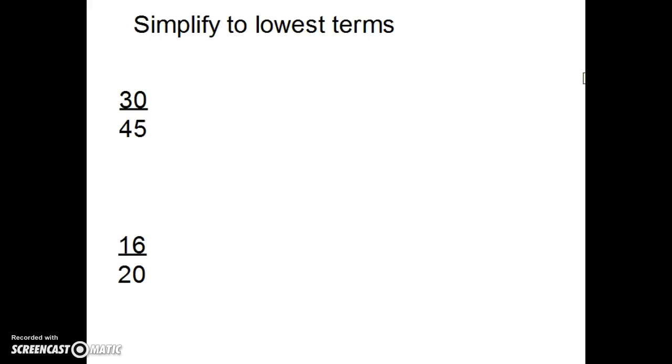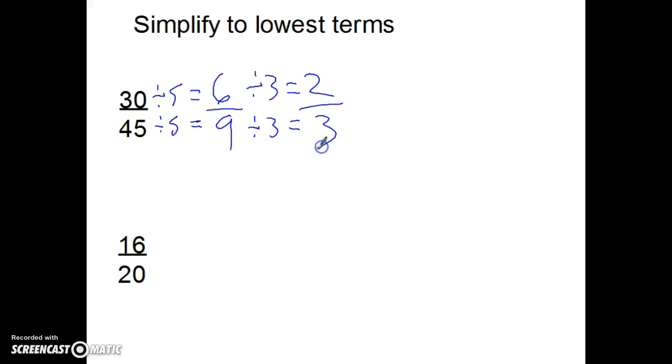Simplify to lowest terms. I see this number ends with a 0 and the other number ends with a 5, so I can divide them both by 5. I'm at 6 over 9. Oh, I can still divide them both by 3, which is going to get me to 2/3. 16/20, they're both even.